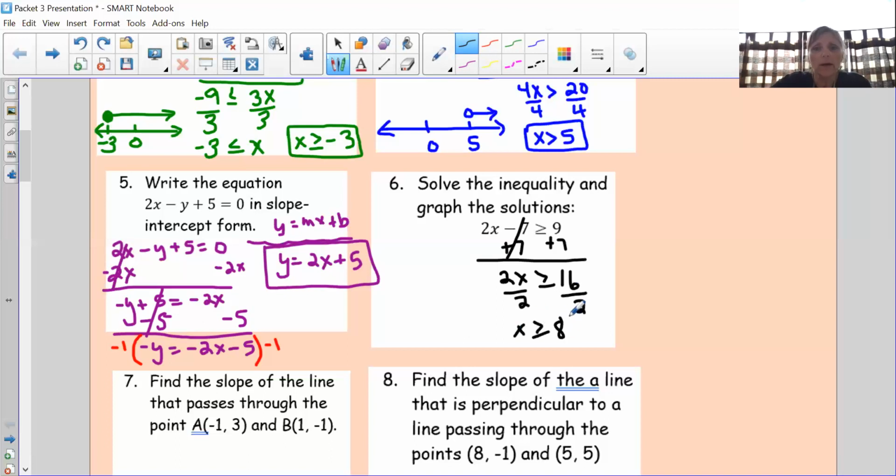Okay, it's in the right order. I have my variable on the left. That is good. So now all I have to do is graph it. 0 in the middle. 8 is on the right. I need a circle above it. Do I close it or leave it open? Well, the underline means I close it, so I'm going to shade it in.